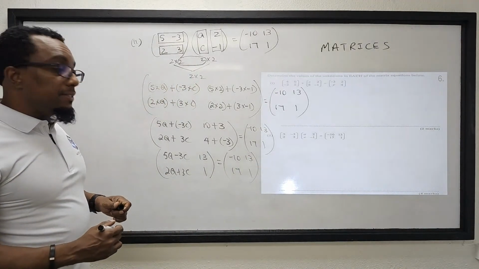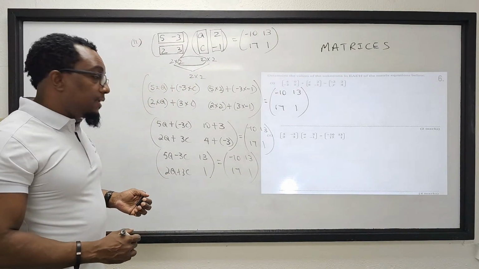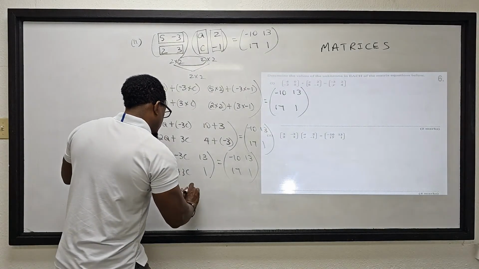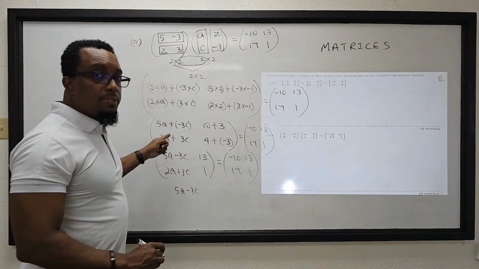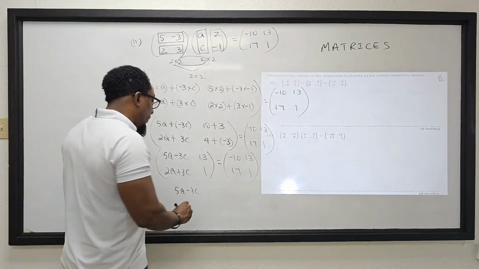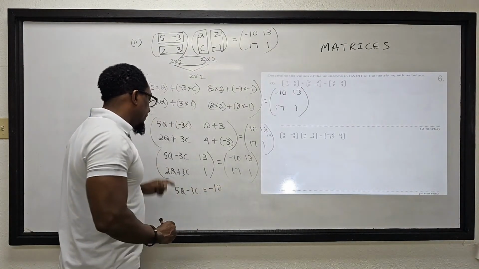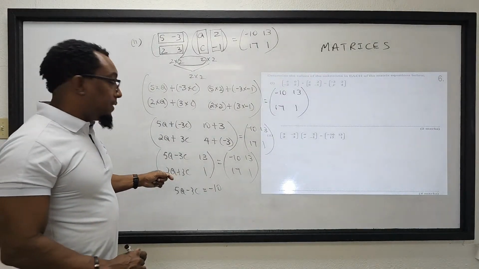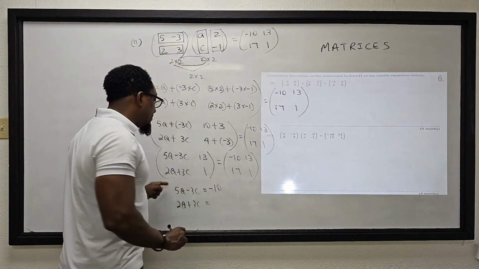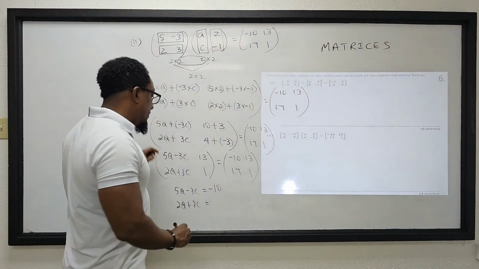So let's do some equating, so we can find A and C. I'm going to say 5A minus 3C, my first element in that matrix, is equal to the first element in the second. This is my third element in the first matrix, and that is equal to the third element in the second matrix.